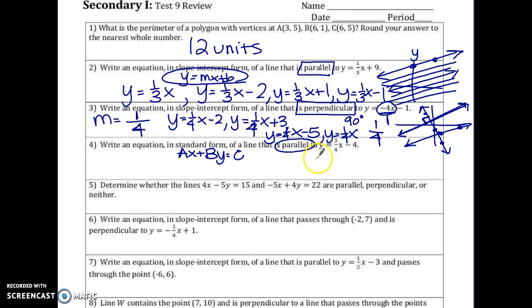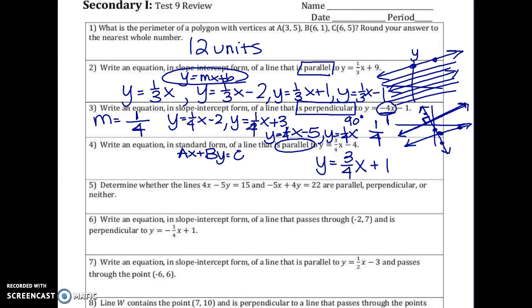So in this case, as long as we have that 3/4 x, we know it's going to be parallel. And I'm going to put plus 1 right here, because as long as that slope's the same and the y-intercept is different, we're going to have a parallel line.